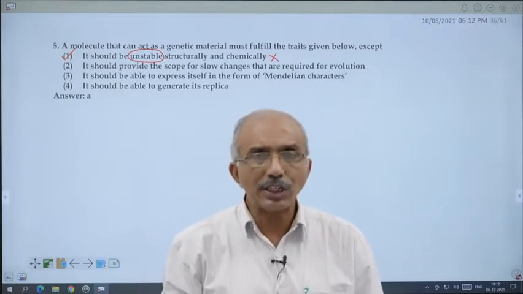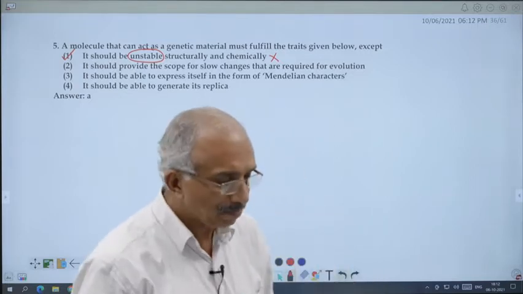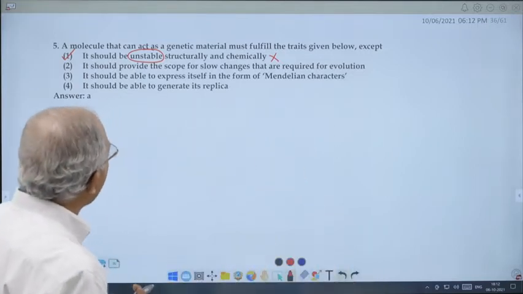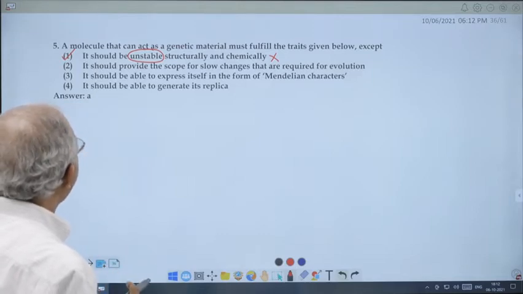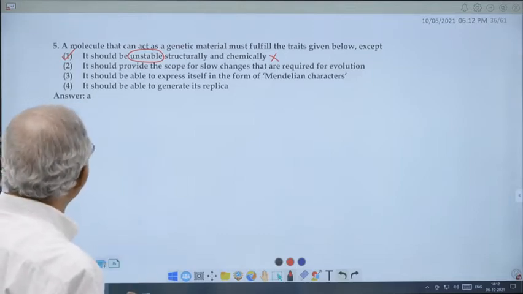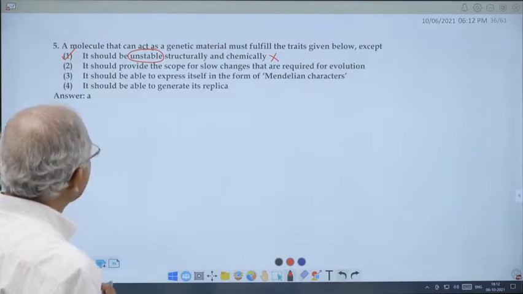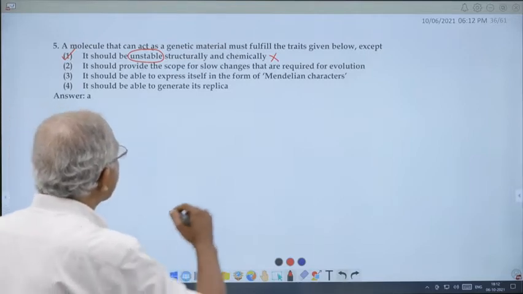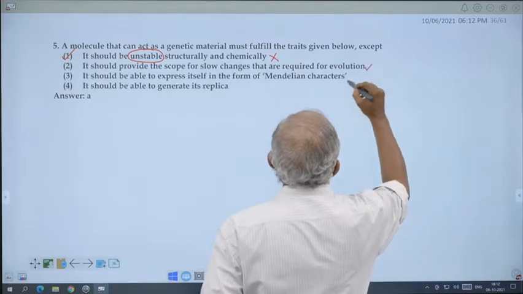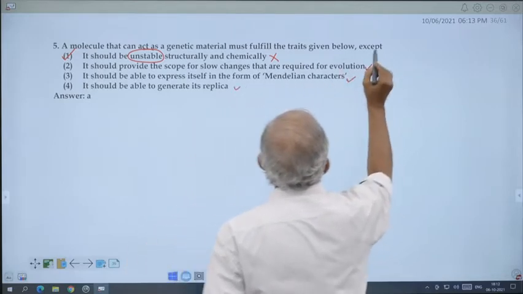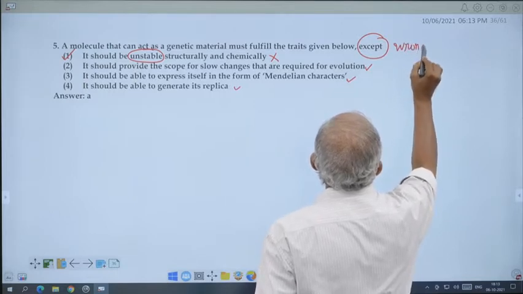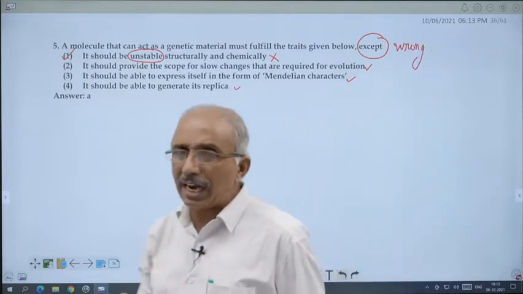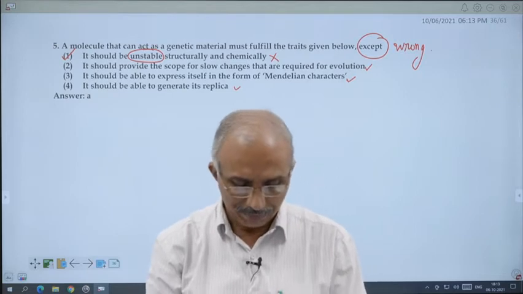Structurally and chemically, the molecule which acts as genetic material should be stable. Others are correct. So we have to select a wrong statement because the question ends in except.